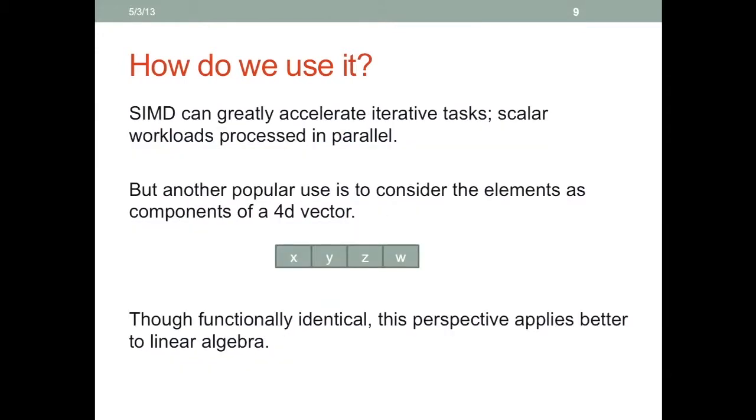So in this way, you can almost always use SIMD to significantly accelerate iterative tasks, that is, a scalar workload being processed in a loop this way. But there is another popular use, possibly more popular, and that is to consider the elements of SIMD registers as components of a 4D vector. And this is really popular in linear algebra, and I think SIMD is very, very often applied to linear algebra problems.